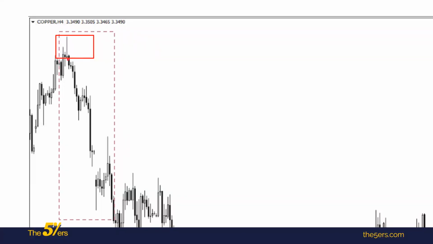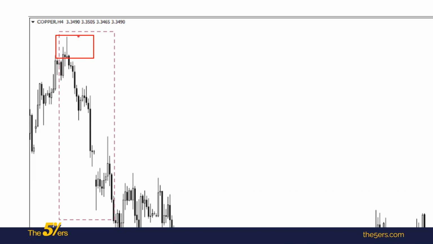So because we have this very accurate place, this would be the price where we would want to sell next time price is visiting. Okay, so this is how we draw the supply zone.